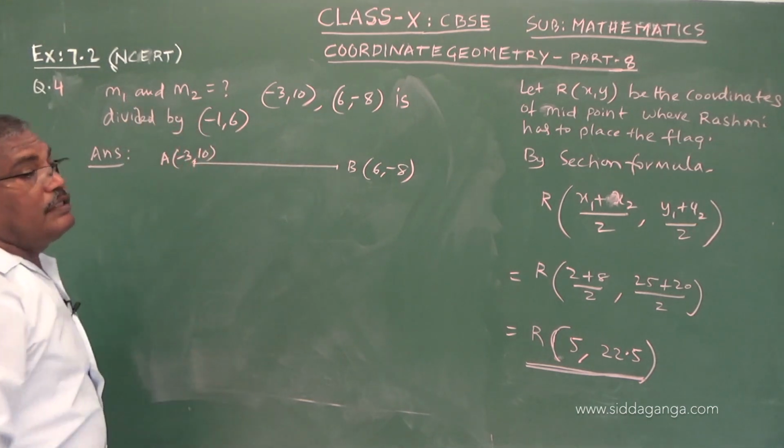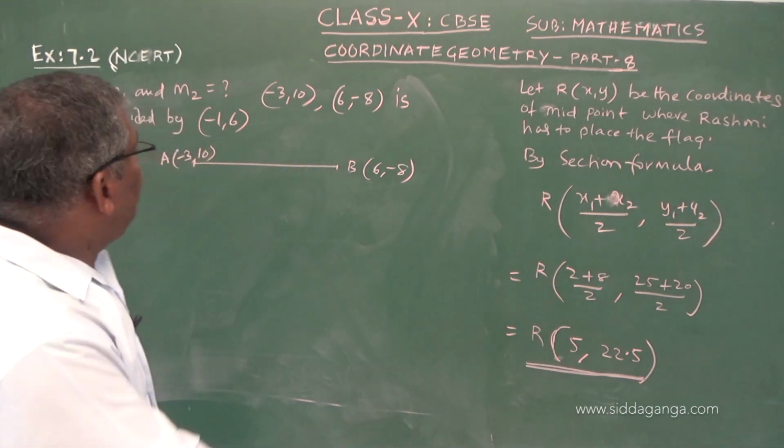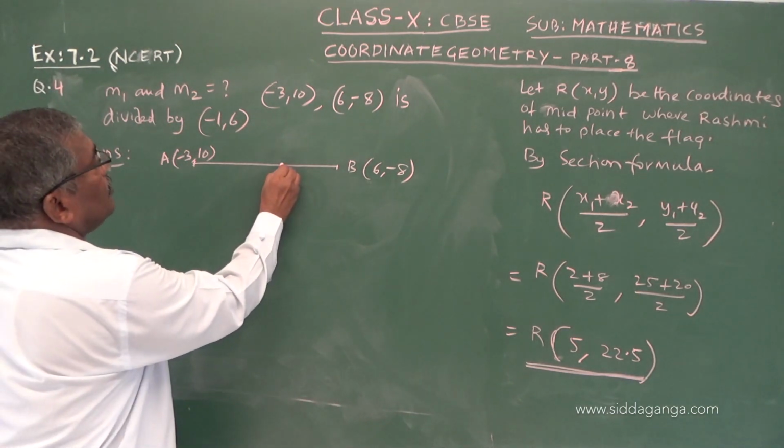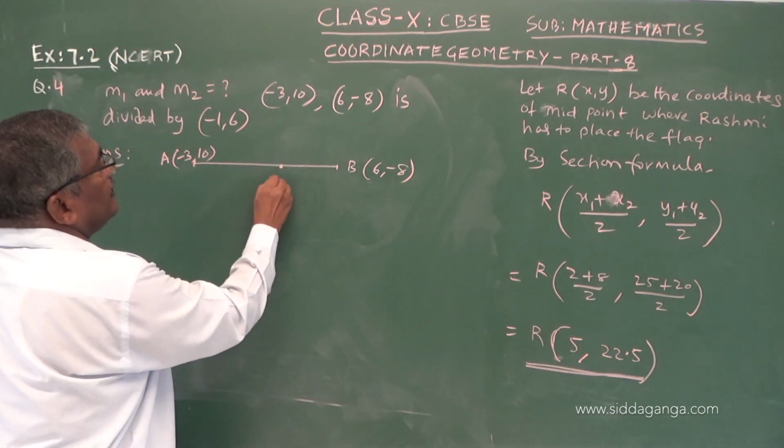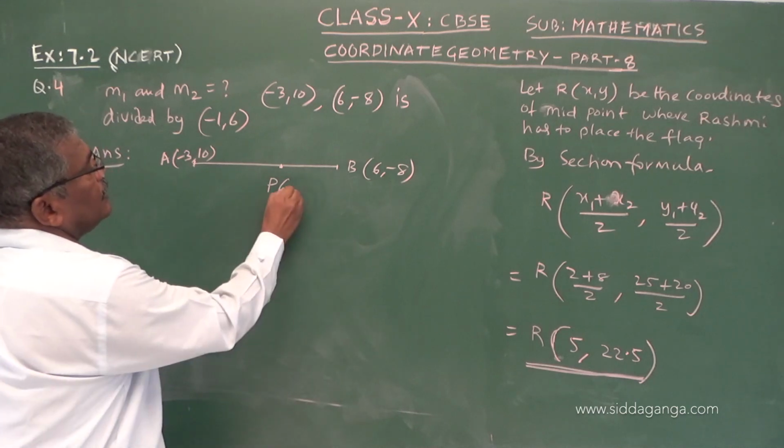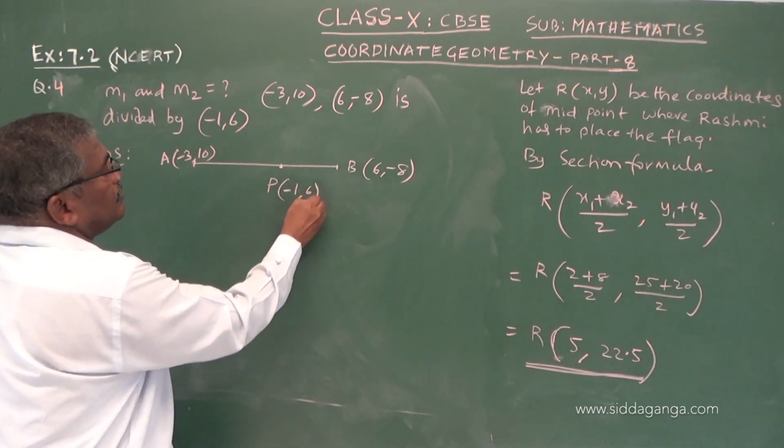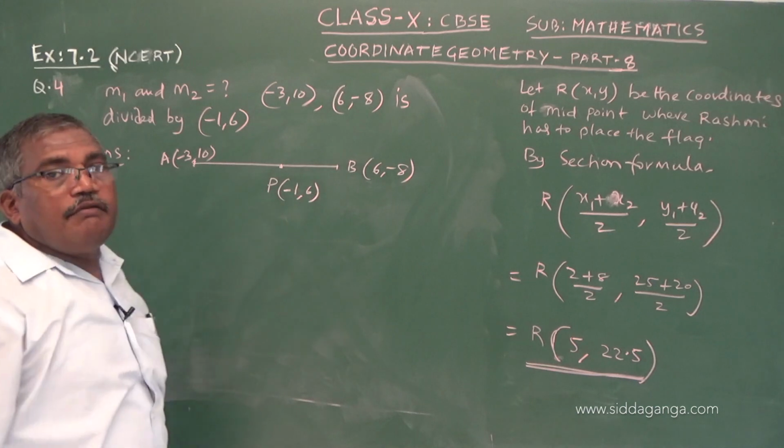Another point is also given in between these two. Let us call that point P, and its coordinates are minus 1, 6. So this data is given.